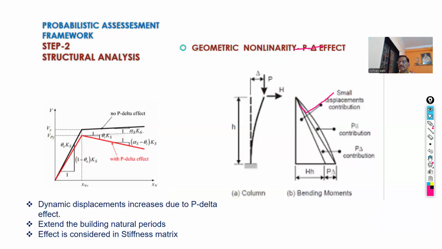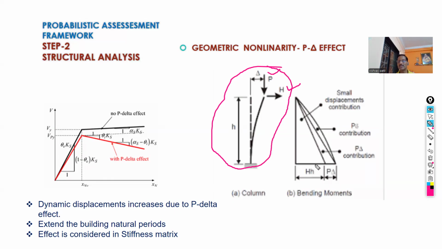This is the figure about geometric nonlinearity, called the P delta effect. To understand this, remember the figure. Here the column is subjected, during an earthquake, to two loads: first the lateral load H, and the gravity load, which is always present on the structure. Because of these two loads, what are the moments at the base?